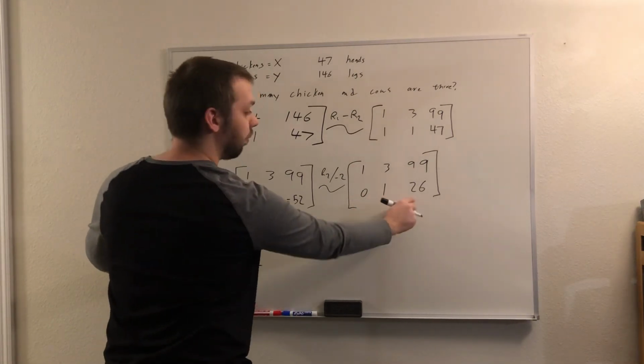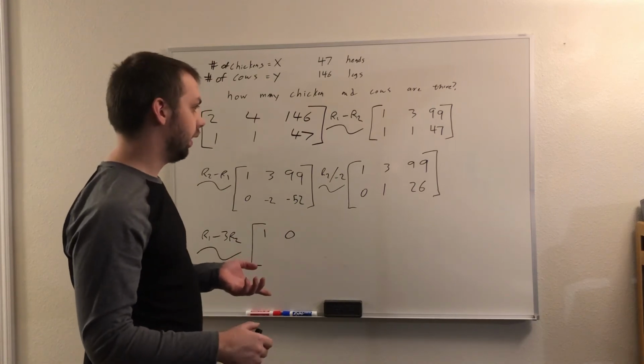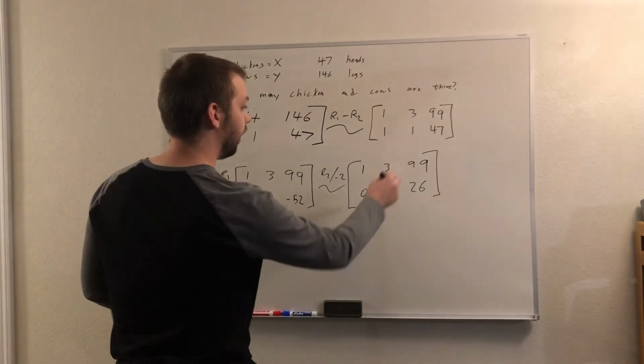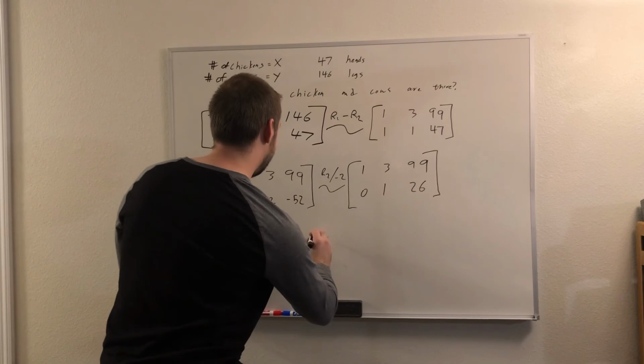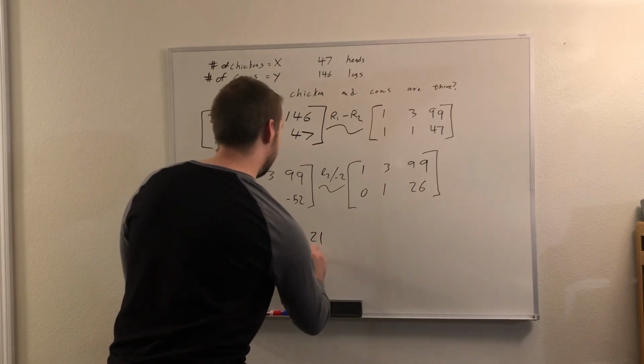Then 99 minus 3 times 26. Well, what's 3 times 26? That would be 78, I believe. Let's see, 60, yes, 78. So 99 minus 78, that puts it at 21. And then we have 0, 1, 26.